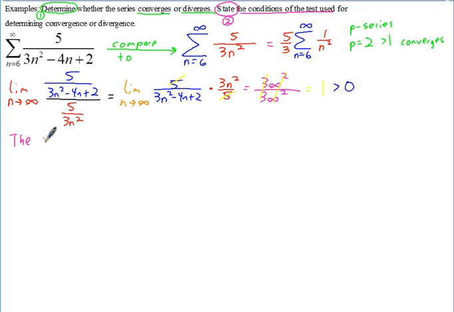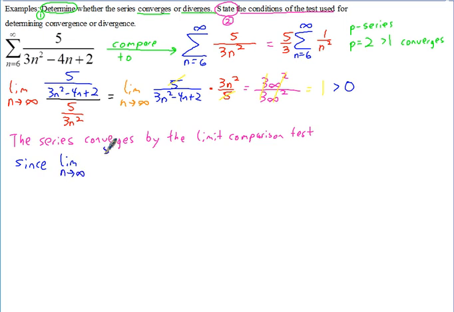So we could say the series converges by the limit comparison test since, let's explain the conditions of the limit comparison test first, and that was since our limit right here, the limit as n approaches infinity of 5 over 3n squared minus 4n plus 2 divided by 5 over 3n squared.